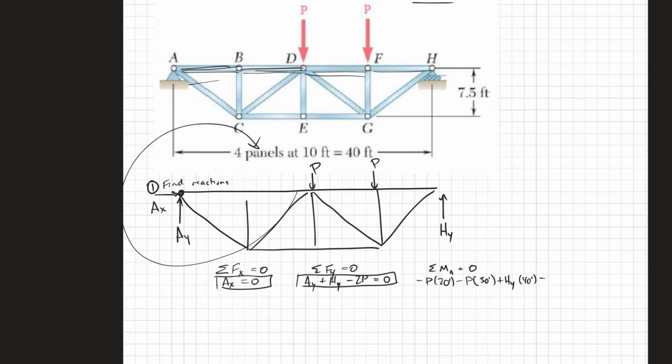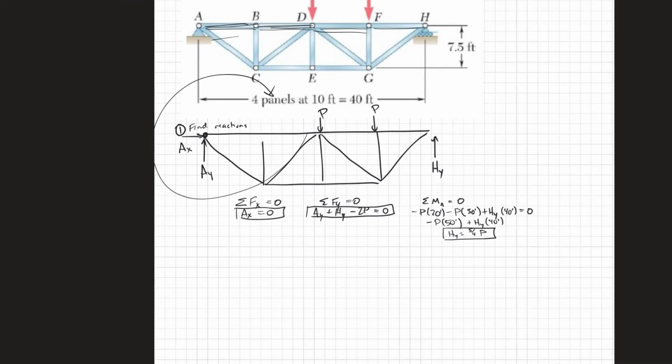Okay, equals 0. So if we solve this particular equation, basically this becomes negative P times 50 feet plus HY times 40 feet, and you rearrange that, and HY equals 5/4 P, okay?